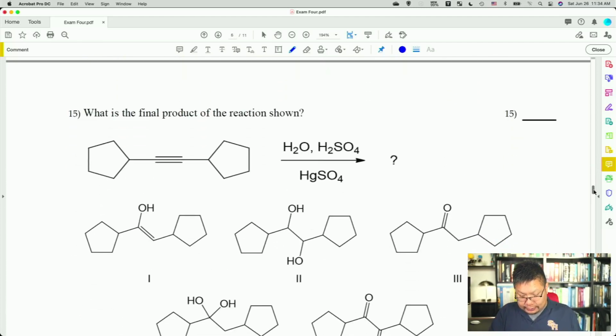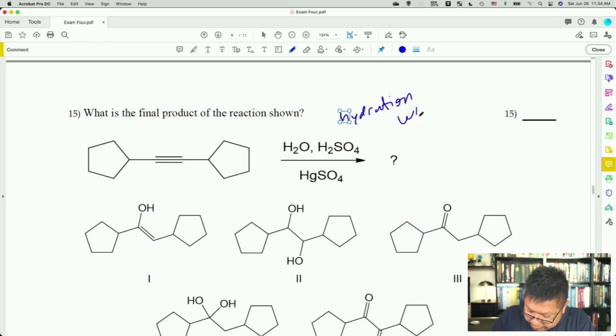Next, what is the final product of this reaction? So this is a hydration with a mercuration, right?